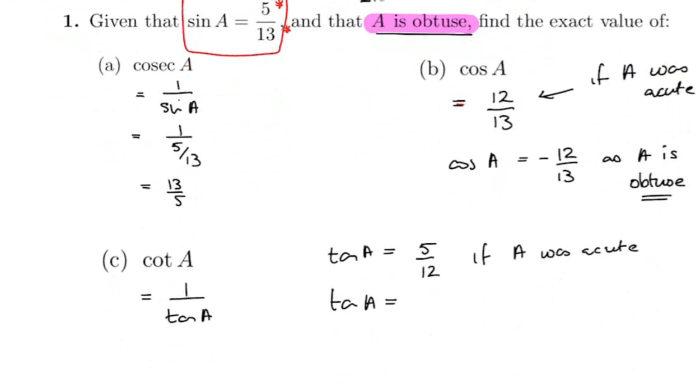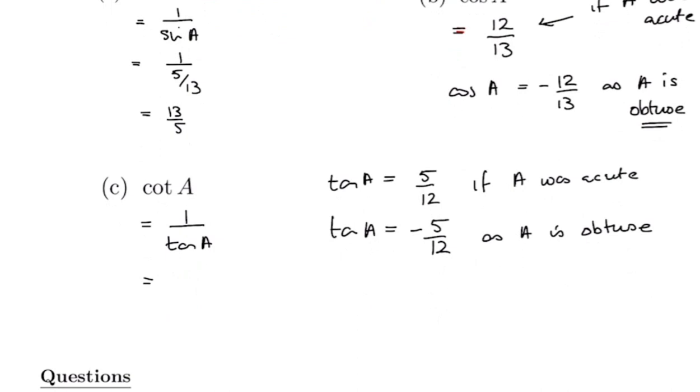So tan of A will equal negative 5/12 as A is obtuse. Therefore, we're going to have 1 over negative 5/12, which equals negative 12/5. So you've got to be a little bit careful. First, to find your ratios, pretend that A is acute, find the ratios, and then look at your CAST diagram to decide whether you're going to be negative or positive.